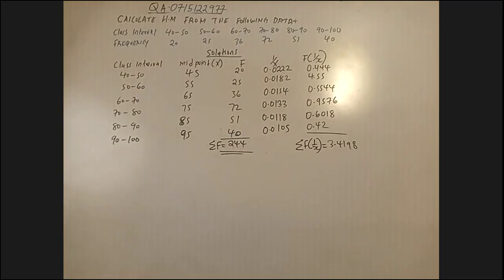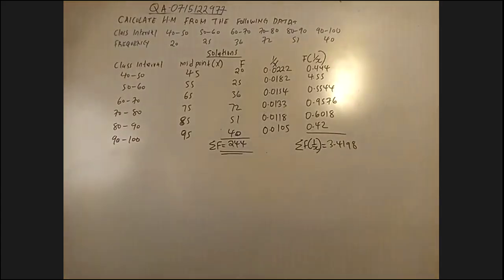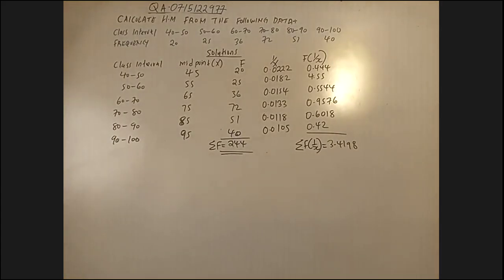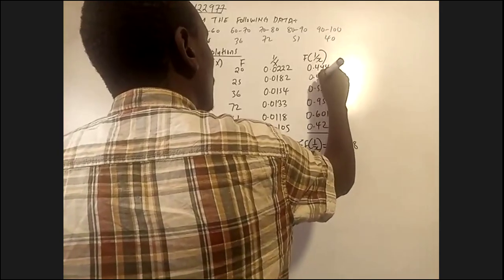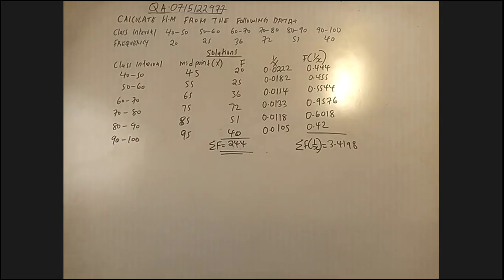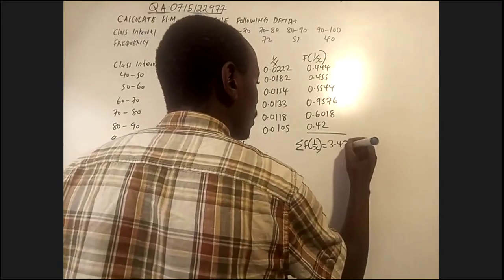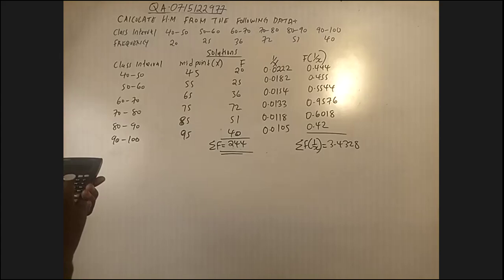How are you getting the 3.4? Here there is 0.455, because it should be 0.455. Then the total becomes 3.4328. Ah, 25 times, then confirm, 25 times 0.0182.